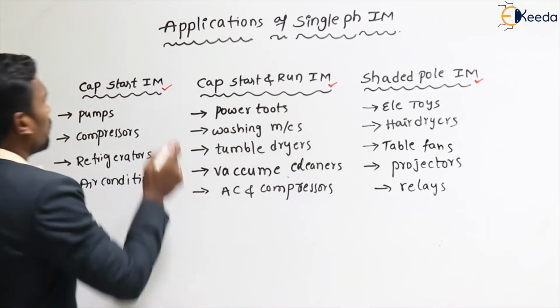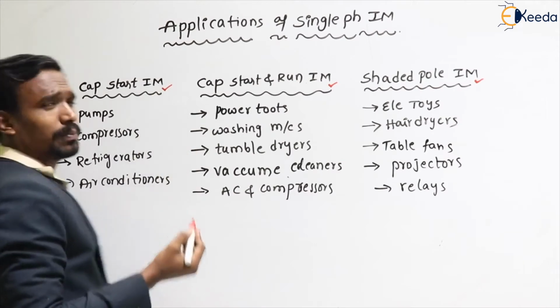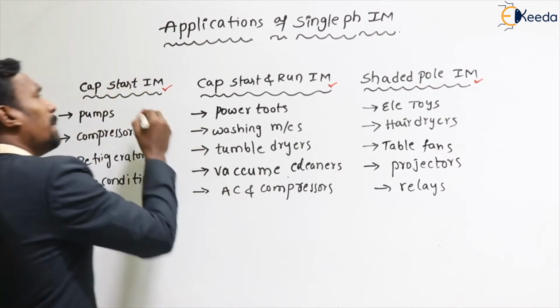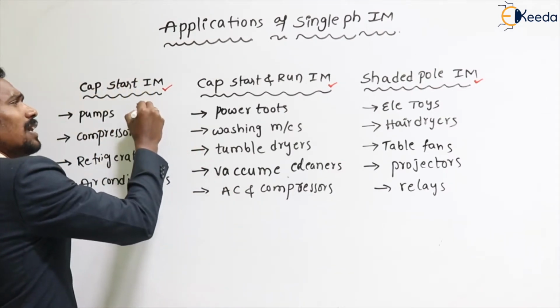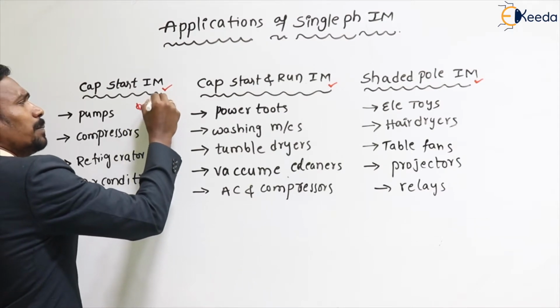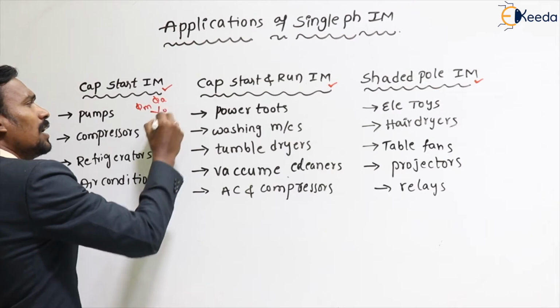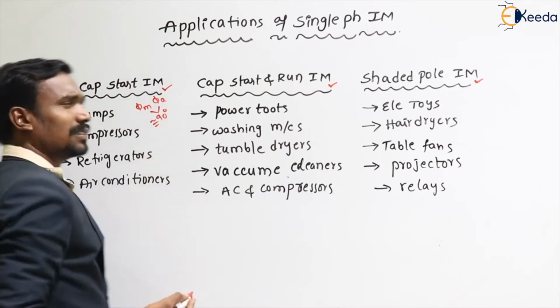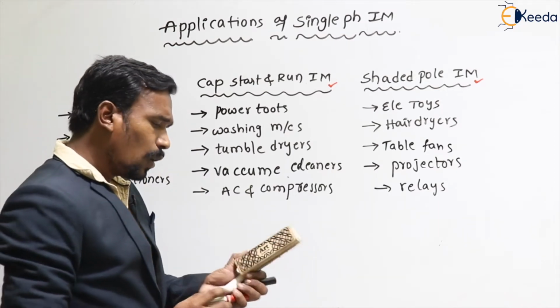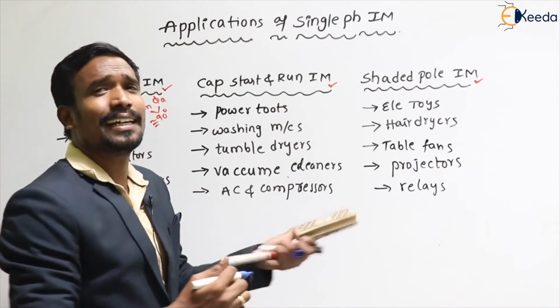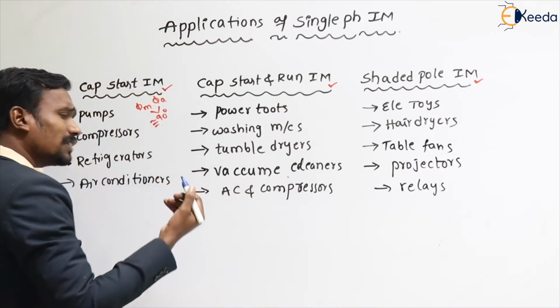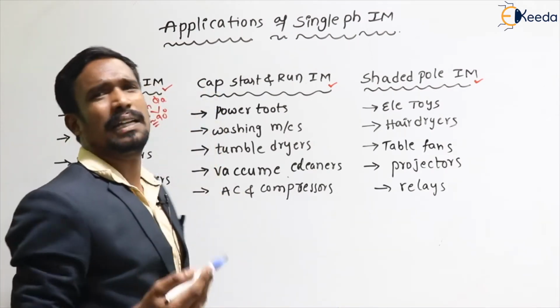Next one, capacitor start induction motor. In capacitor start induction motor, the angle between main winding flux and auxiliary winding flux is nearly 90 degrees. When this angle is nearly 90 degrees, then our torque is at maximum level.